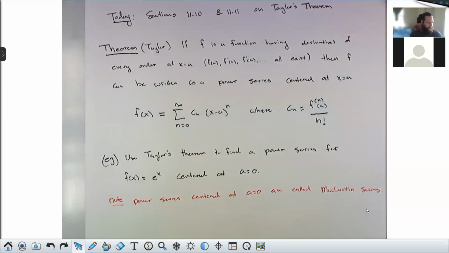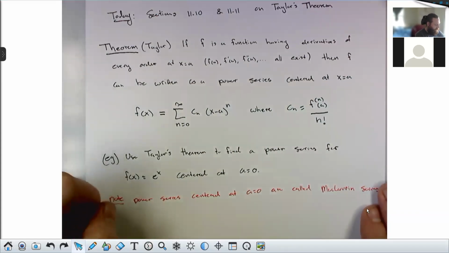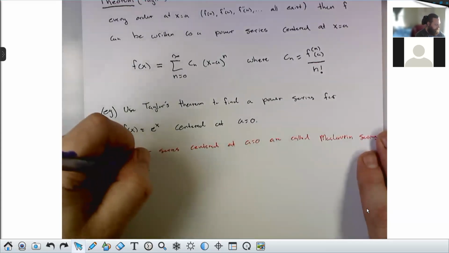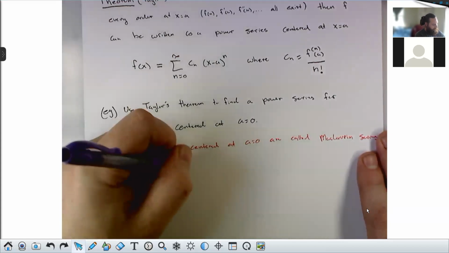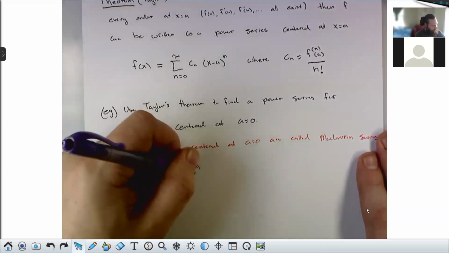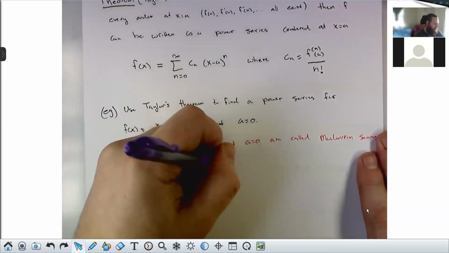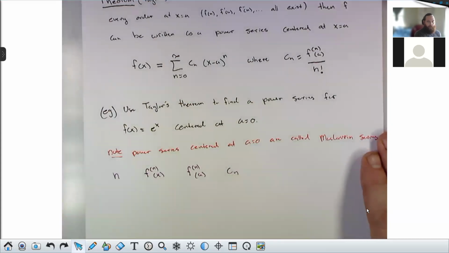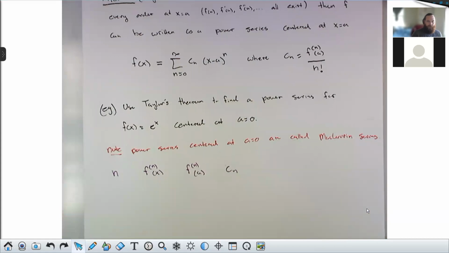Doesn't mean anything special. The way I recommend you do this is by making a little table. The thing that we need are the coefficients Cn.